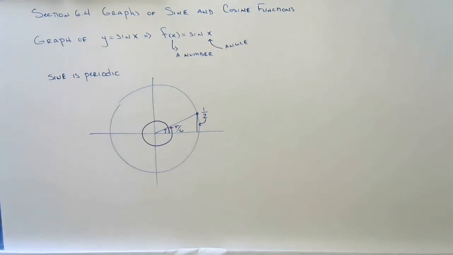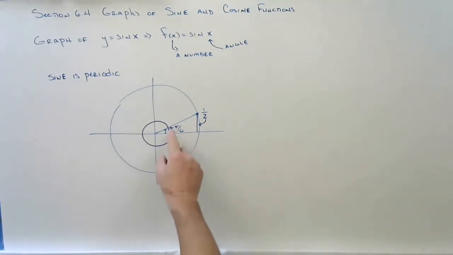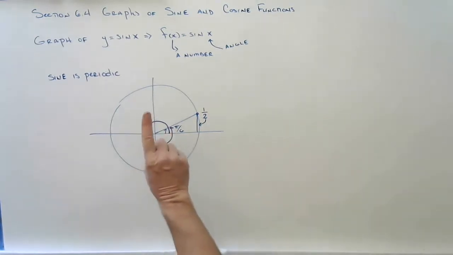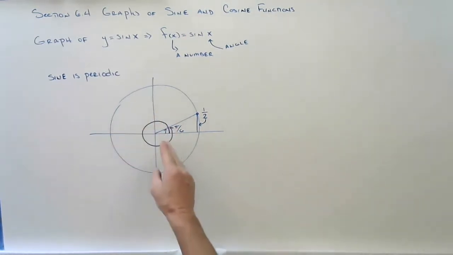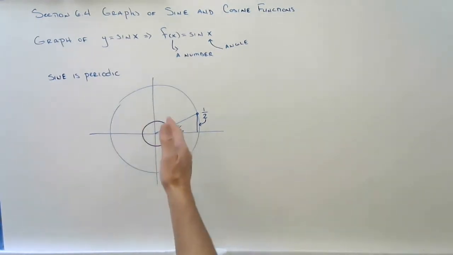It's going to return the same values over and over and over and over again. Remember, we wrap the whole number line around the unit circle. So all the angles are represented on this one circle. Yes, when we go around the circle one time, we go through a span of 2 pi radians, but we can go around the circle as many times as we want.